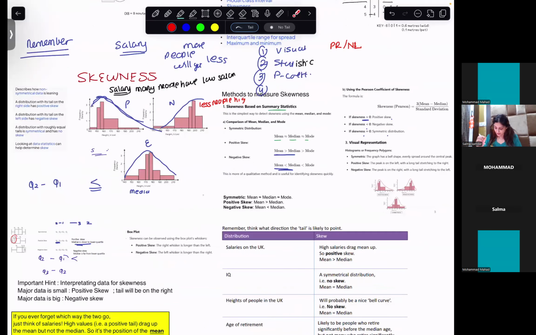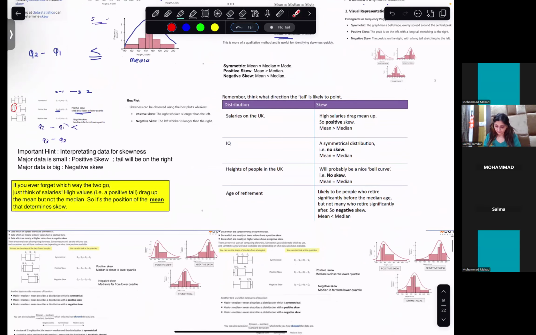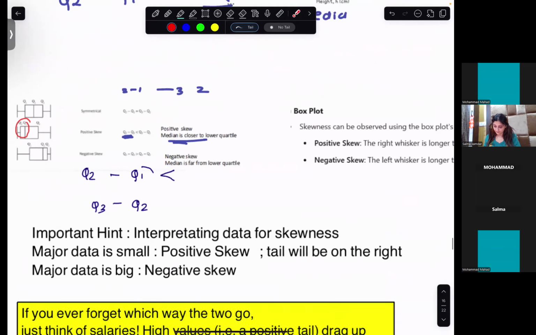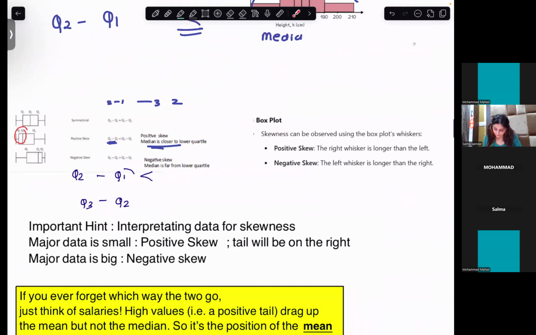Can you summarize these three in a shorter way? Miss, there is a fourth way as well. The fourth way is through the box and whisker plot. If it's symmetrical, Q2 minus Q1 is equal to Q3 minus Q2. If it's a positive skew, Q2 minus Q1 is less than Q3 minus Q2, which shows that the median is closer to the lower quartile.